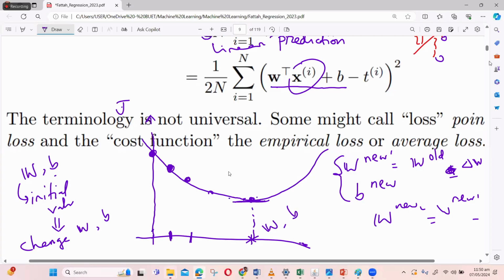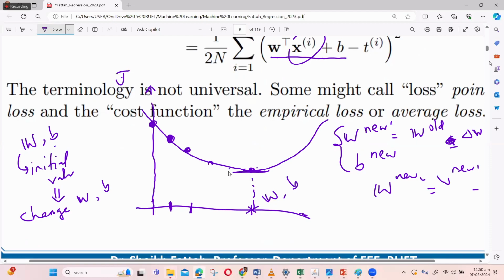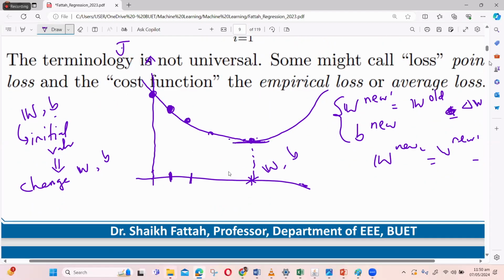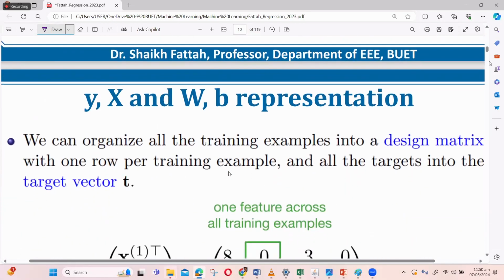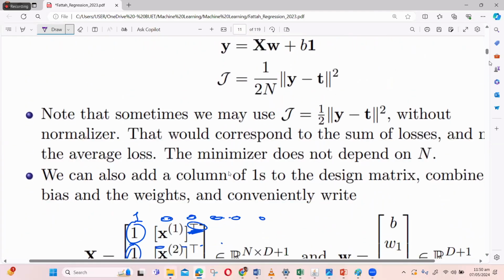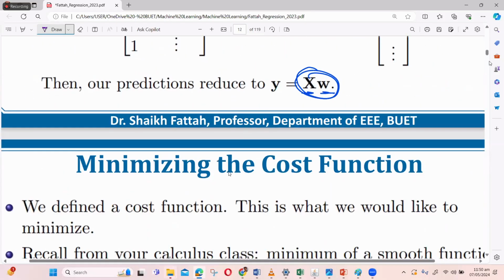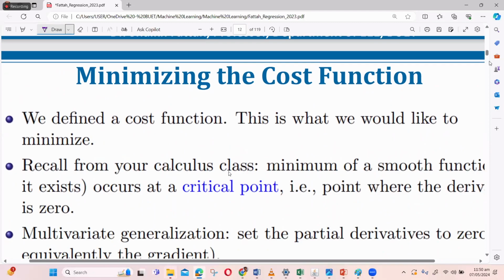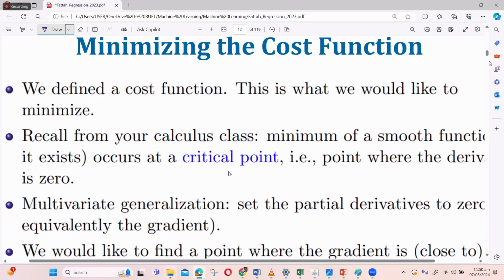We have to find out W and B for which you get the minimum value of the cost function. I hope you understand. It is written here that your objective is to find W and B such that they will give you the minimum cost.